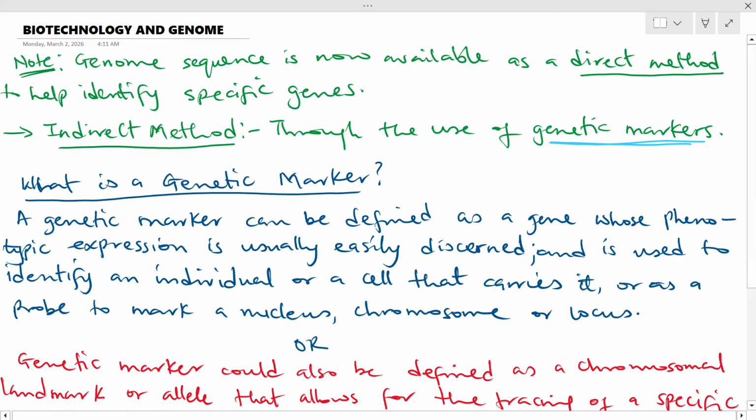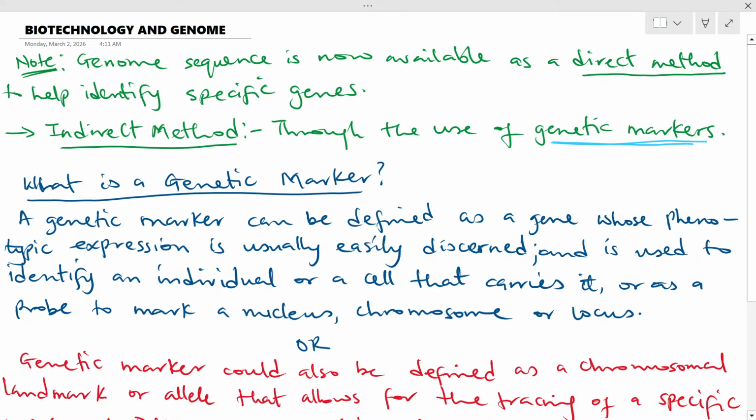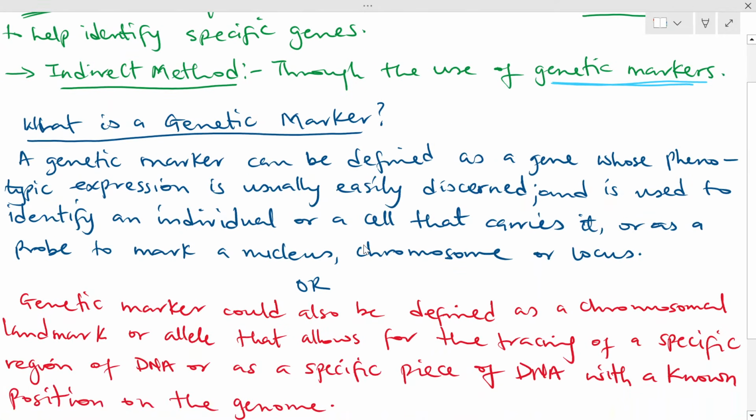And so, what is a genetic marker? We noted that a genetic marker can be defined as a gene whose phenotypic expression is usually easily discerned and is used to identify an individual or a cell that carries it, or as a probe to mark a nucleus or chromosome.